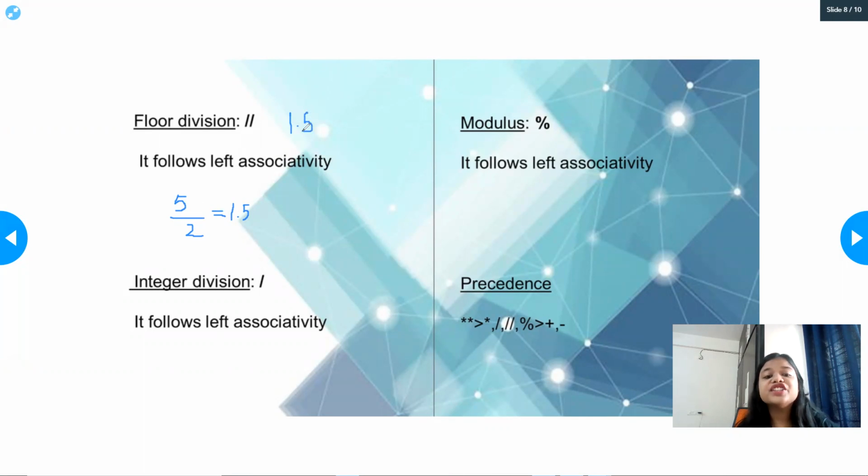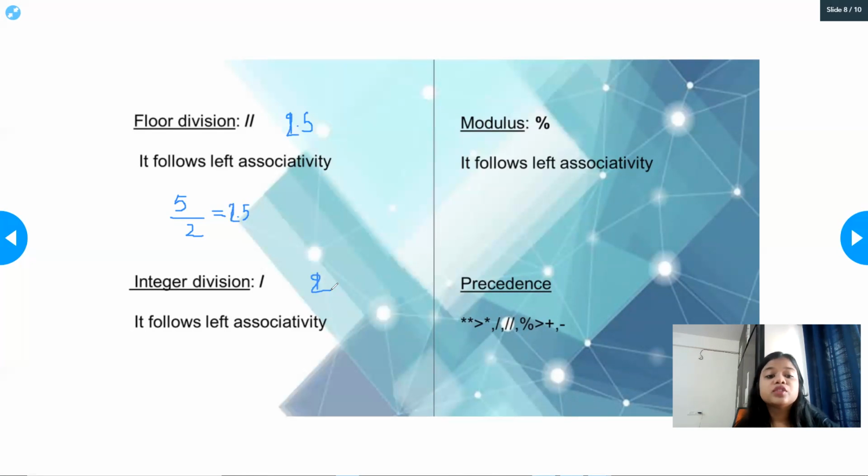But in integer division, as it is an integer, it's not going to support this 0.5, and it is only going to print 2. So in the division result, whatever the floating point part is, integer division discards that and only takes the integer part. Okay, so 5 divided by 2 is 2.5. I'm really sorry. Yes, so it is going to give 2, right?